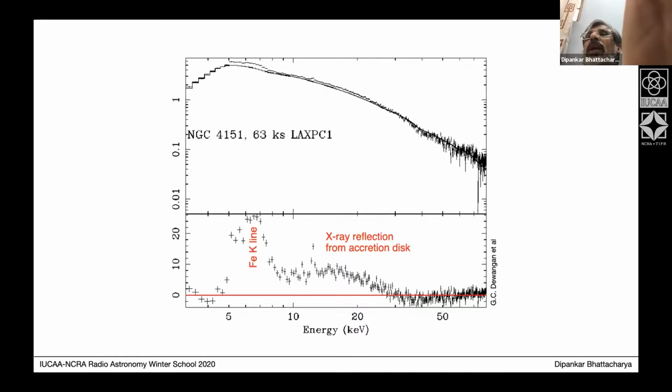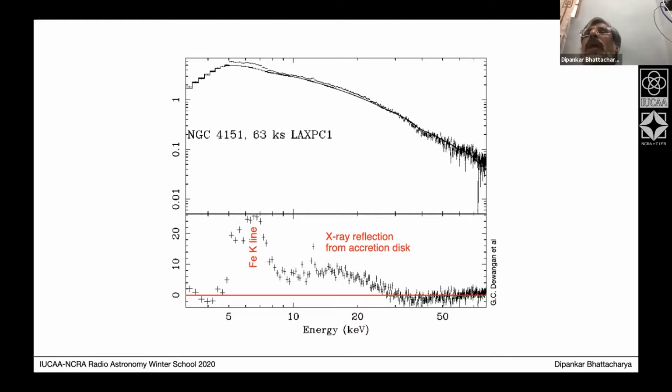It has a photon energy of about 6 keV. The profile of this iron K alpha line can tell us about the Doppler shifts in the material that is producing it. The material that produces this needs to be very hot, and typically this is found from material accreting close to compact objects like black holes or neutron stars and so on.